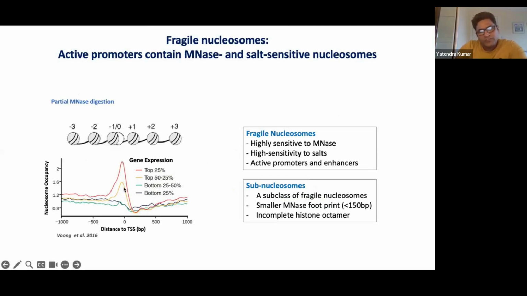So these nucleosomes which are MNase sensitive and salt sensitive are called fragile nucleosomes, and they are associated with the chromatin remodeling which is happening at active promoters and enhancers. Similarly, a subset of fragile nucleosomes can be present as subnucleosomes, as they don't have a complete histone octamer, and hence they show a smaller MNase footprint.